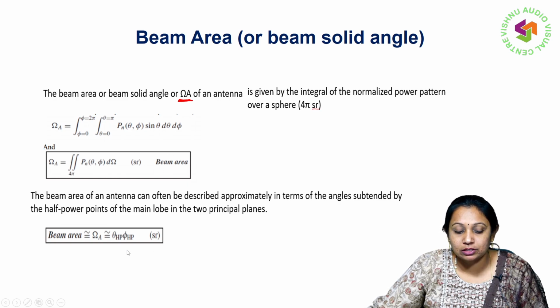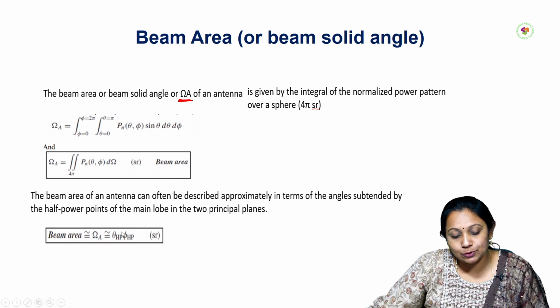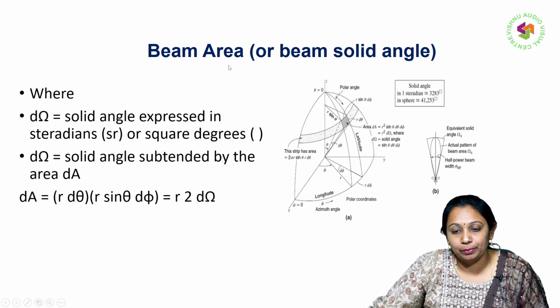Previously we have seen the theta and phi directions. So the beam area is equal to the half power point along the theta direction and the half power point along the phi direction of the main lobe. That is theta HP into phi HP, and the unit of this is steradians, sr. So this is the definition of beam area.